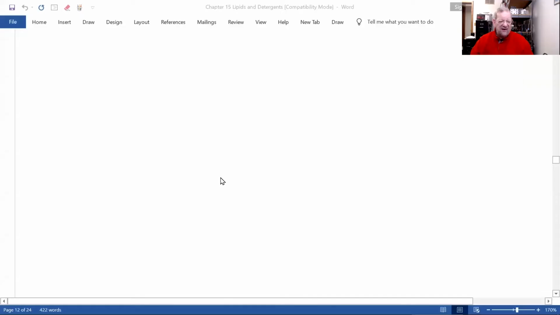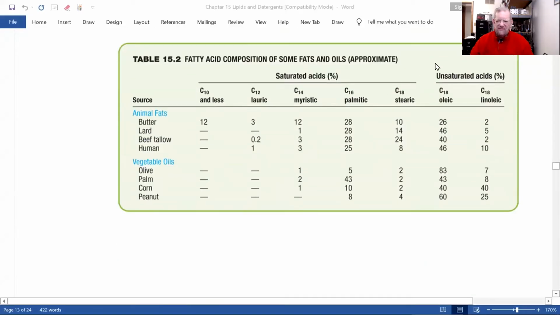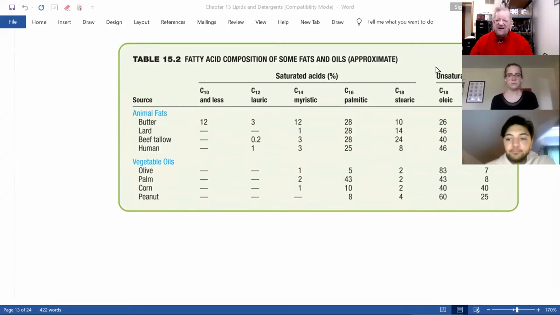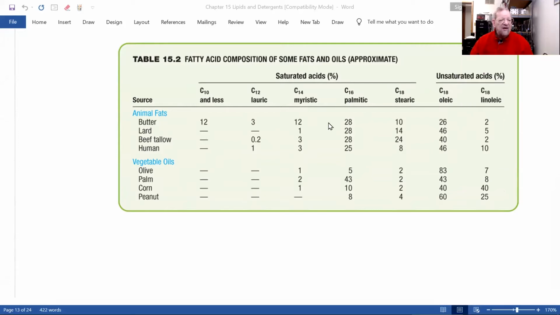Now, when we talk about fats and oils, if we look at some of the animal fats in our daily life, if you notice the table on there, it says beef tallow.